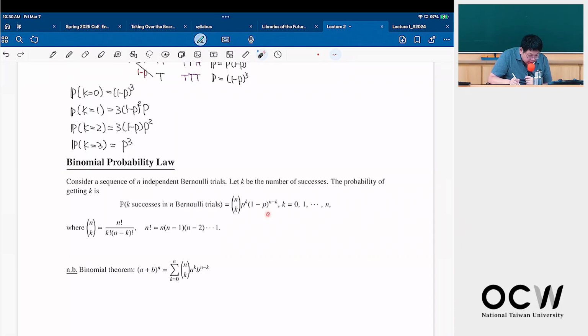Here we have a binomial theorem. The binomial theorem means a plus b to the n is in this form, the summation form. For this summation form, if I choose a as p and b as 1 minus p, then let's see what happens. Because p plus 1 minus p on the left hand side, there will be 1.